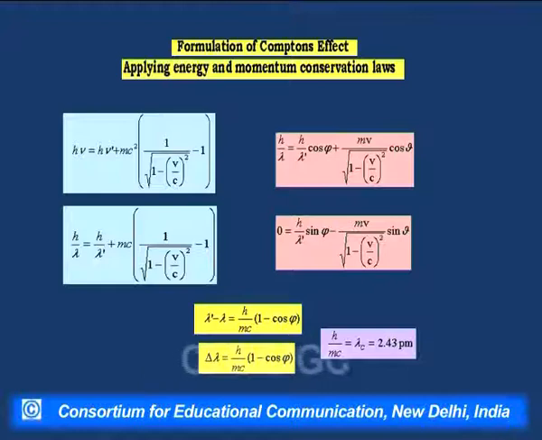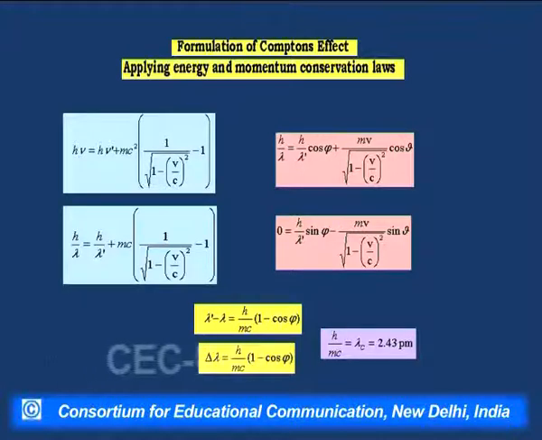And then we have to solve these equations, and we can put it into a simple equation. The equation is lambda dash minus lambda, where lambda dash is the scattered radiation and lambda is the incident one, is equal to h over m c into 1 minus cos phi. Now h, m and c are constants, so delta lambda depends on phi, the scattering angle.